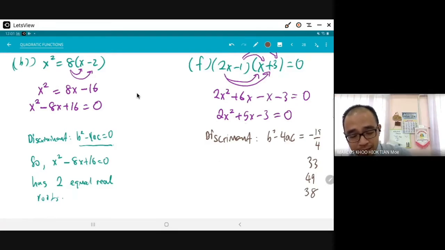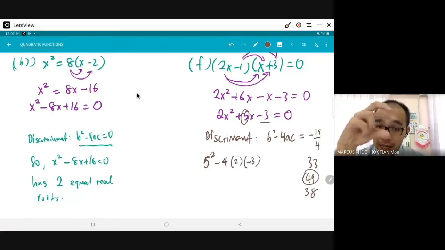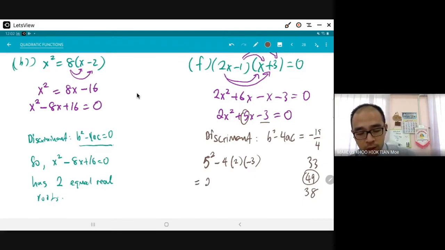Okay, B is 5. So 5 squared. Most people got 49. Okay, let's try. Minus 4 times 2 times negative 3. Guys, bring that negative 3 along. So this will give you 25. Negative 4 times 2 times negative 3 will be plus 24. Okay, you will get 49.